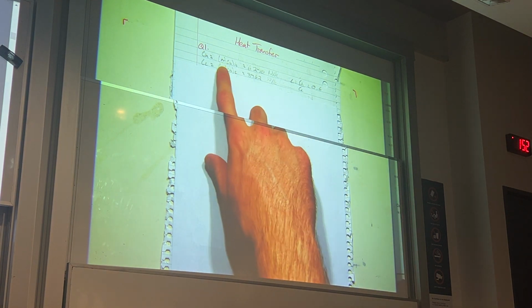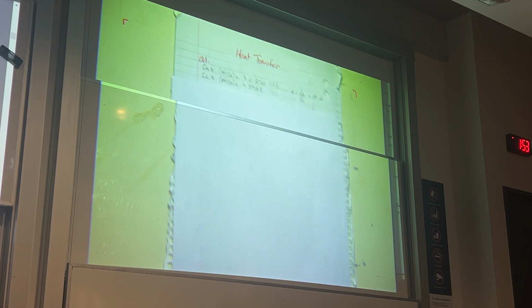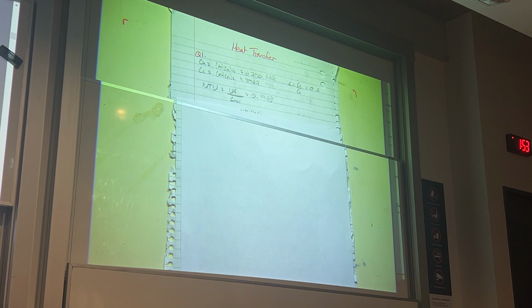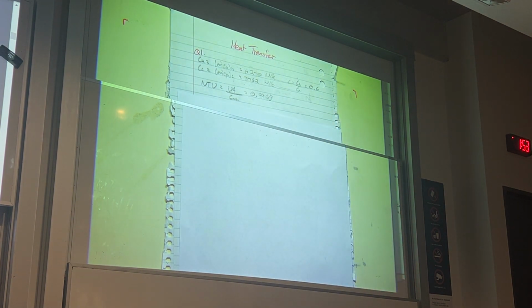Just remember it's mass flow rate times Cp of your hot stream, and the same for your cold stream. Your ratio is just hot divided by cold. We also have to take note of Cmin, which in this case is Cc. And if you don't remember the NTU formula, it was given to you here. This U is your overall heat transfer coefficient, and A is your surface area.